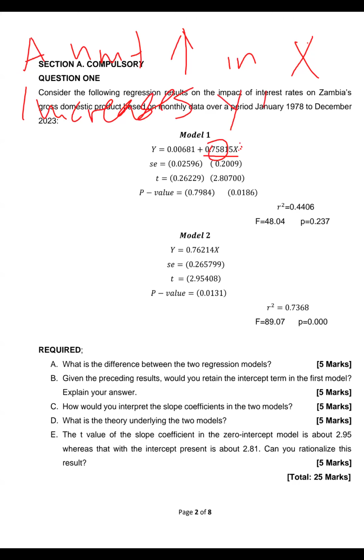GDP, by 0.75815 units. Is that clear? That's the interpretation.